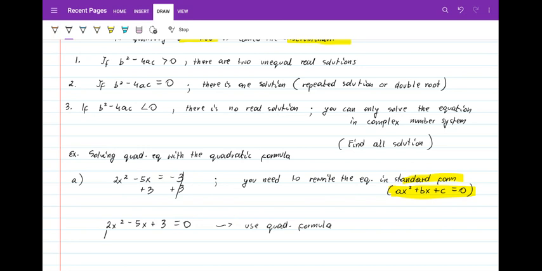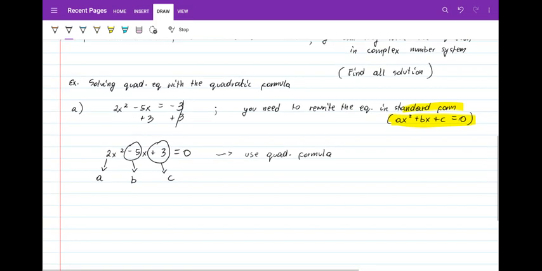So 2 is a. The coefficient in front of x squared represents a from the quadratic formula. The coefficient in front of x is b. And the number which stands by itself is c. So the quadratic formula is x equals negative b plus minus square root of b squared minus 4ac, divided by 2 times a.